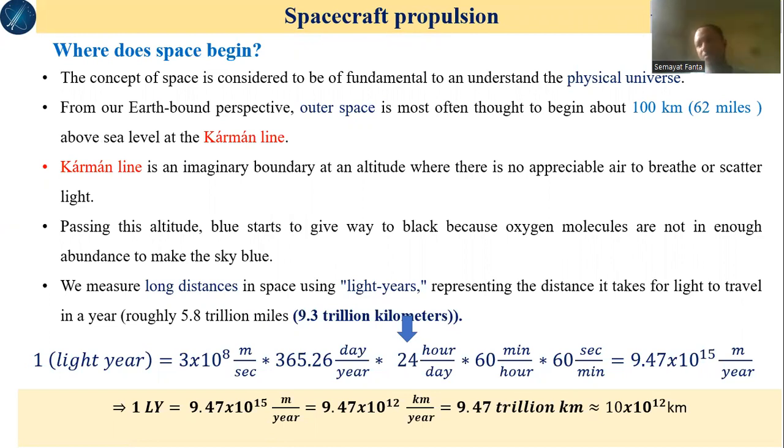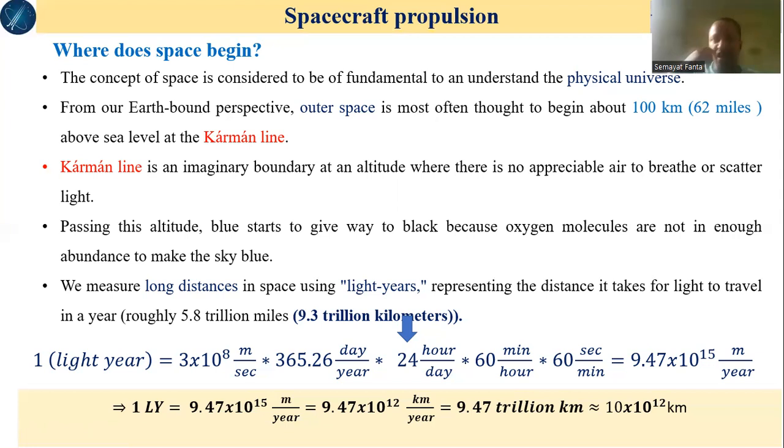But when we talk about space, it starts from some point. It is not directly the space in which we are living here. From our Earth-bound perspective, outer space is considered to start at 100 kilometers above.